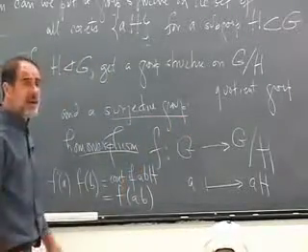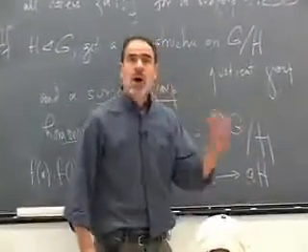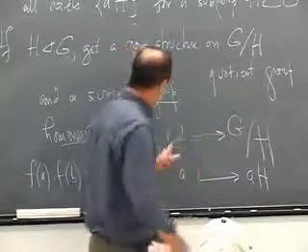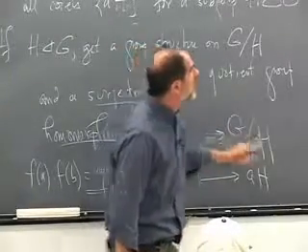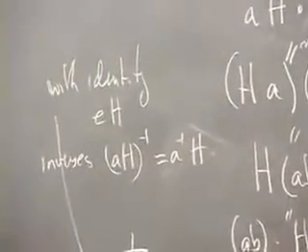And one more thing, since it's surjective, we know what the image of this map is. What is the kernel of this map? The kernel is the things that map to the identity in here. The identity is the coset EH. What elements in G map to the coset of E?